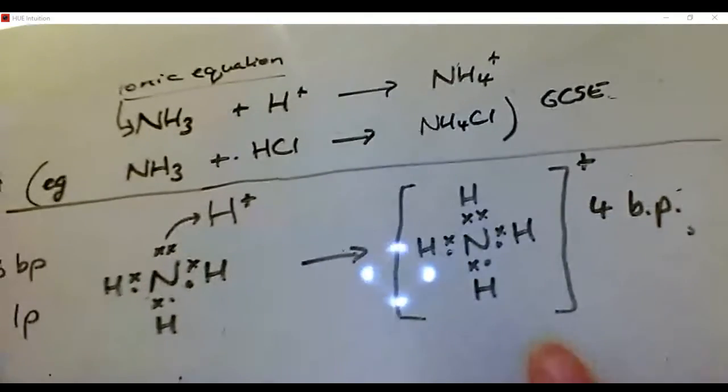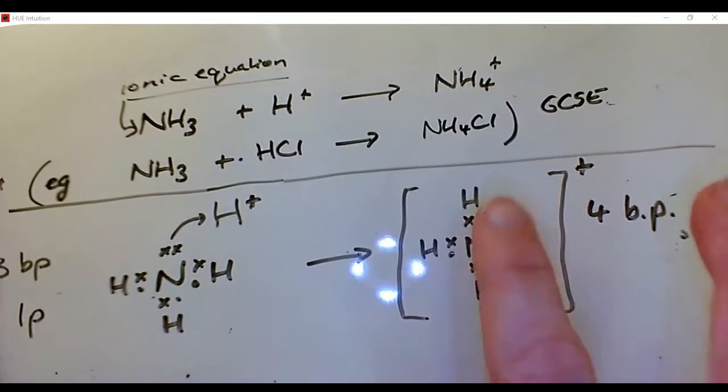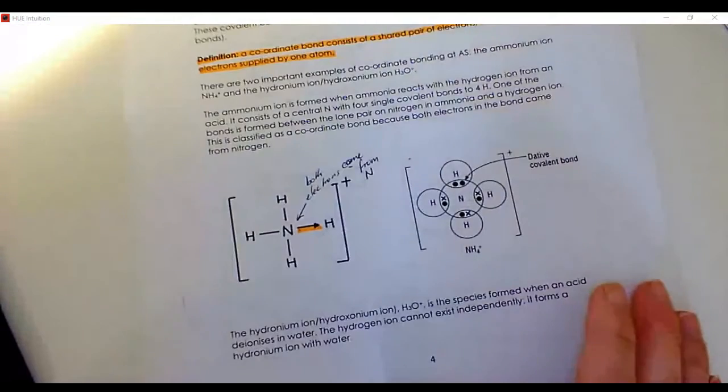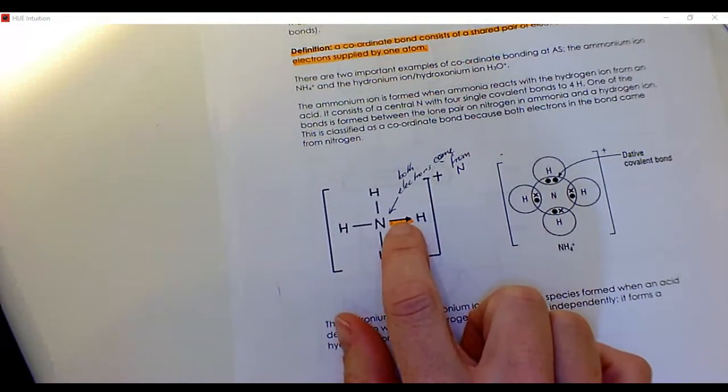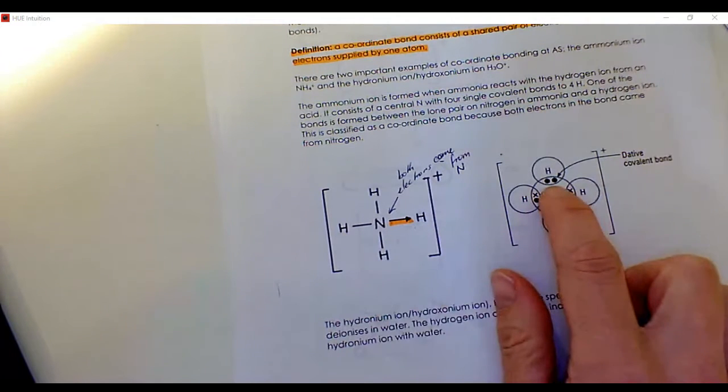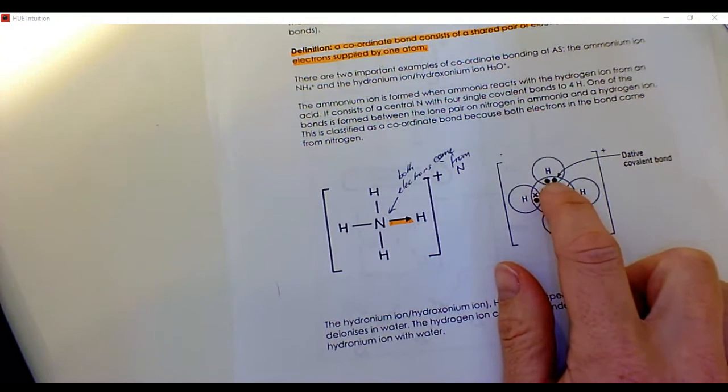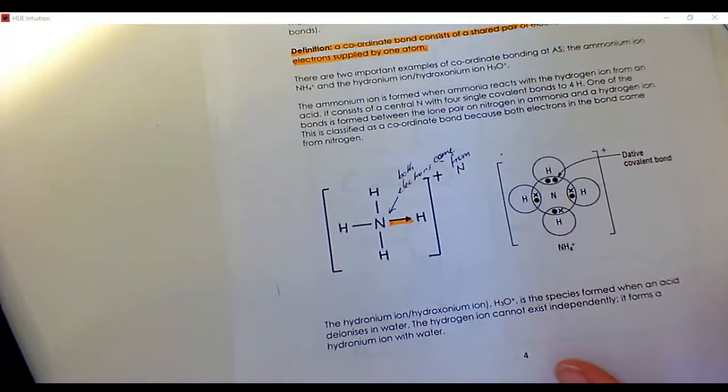Here is the Lewis version. So all you've done is left out the shells. And this is the line diagram. So here you're showing your dative covalent or coordinate bond with an arrow. Here you're showing it by showing the electrons, the symbol is the same, and that's it.